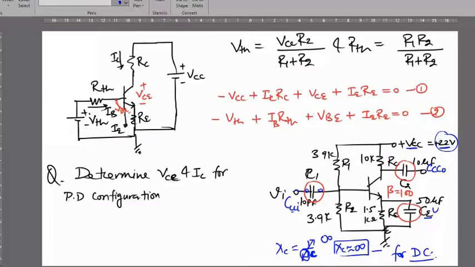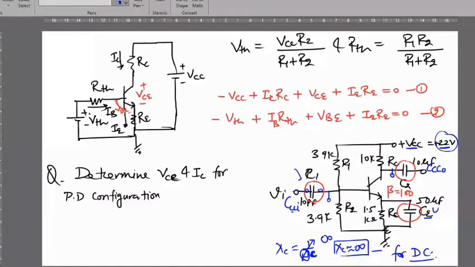So these are called coupling capacitors, input coupling capacitor and output coupling capacitor. What happens in the case of AC? Do you remember the filters? They were made up of R and C networks. Here R is already present and C is there.